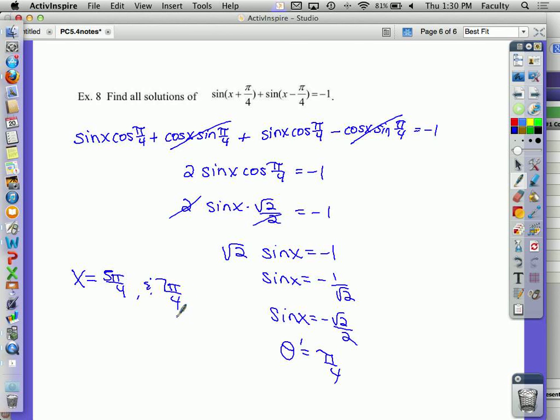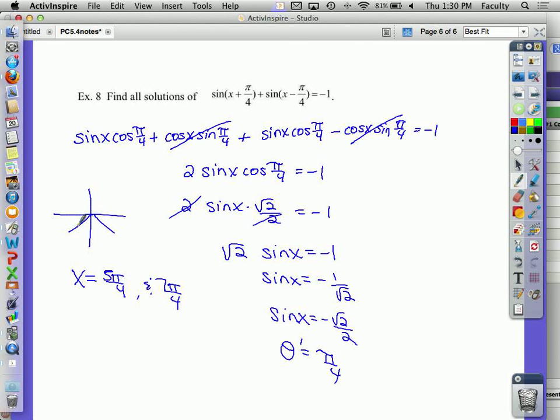Now a question I've gotten the last 3 days that we've worked on solving equations is, how do you know when you do plus 2 pi n, how do you know if it's plus pi n or pi over 2 n? What do you notice about these two? Yeah, if you think about where they are, I like the hand motion there.